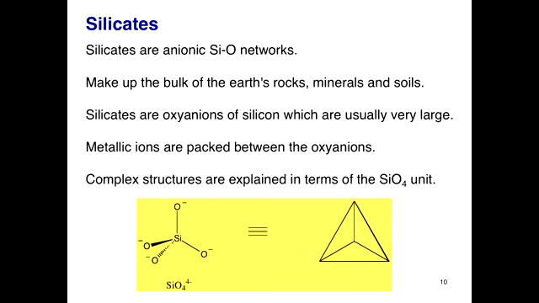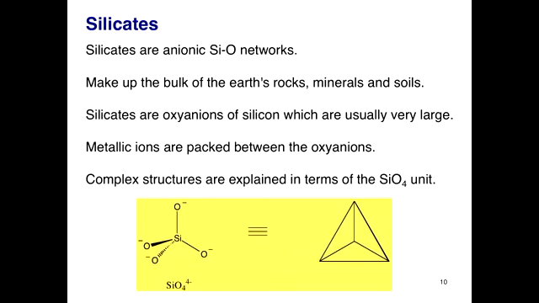And we can consider silicates to be oxyanions. And sometimes these structures can be oligomeric, which means they've got a few units stuck together, or they can be polymeric, forming very large structures. And to balance the charge on these silicates, we often have metal ions present as well.